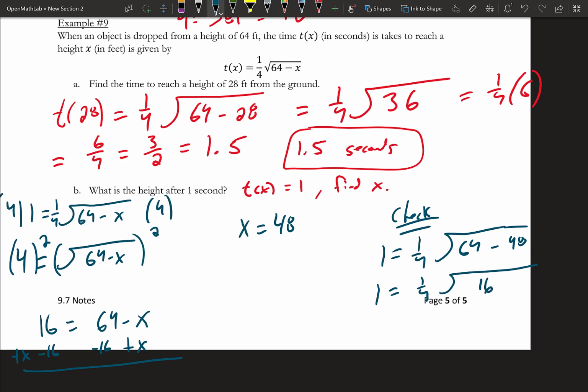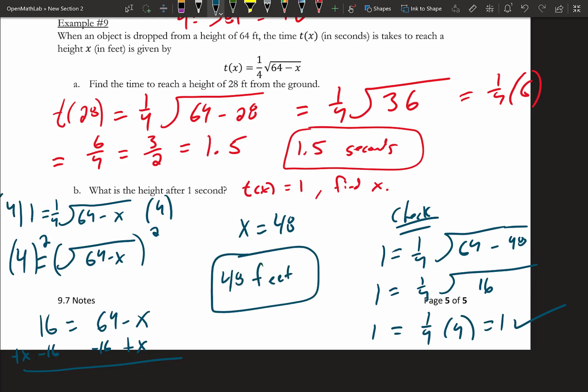So we have 1 equals 1/4 times 4, because the square root of 16 is 4. 1/4 times 4 is just 1. So this checks out. The answer is 48 feet for that one.